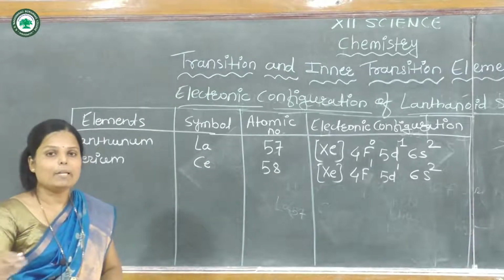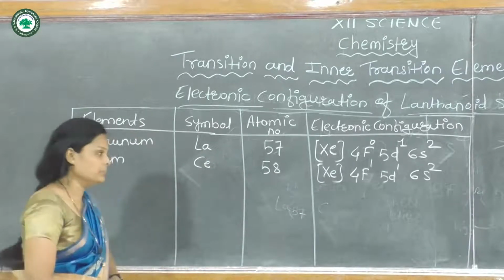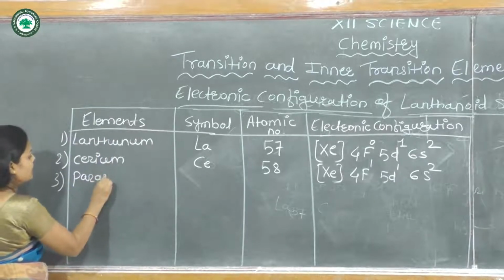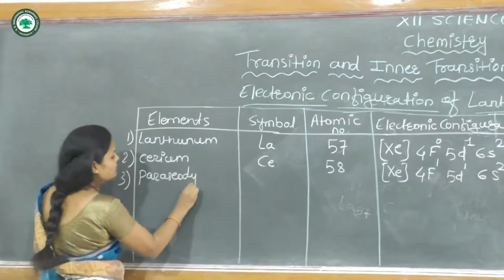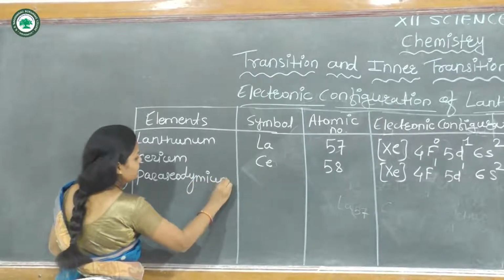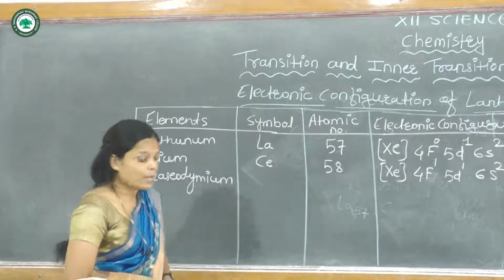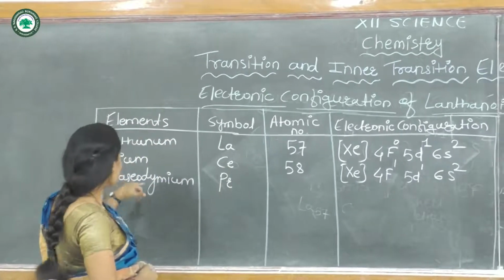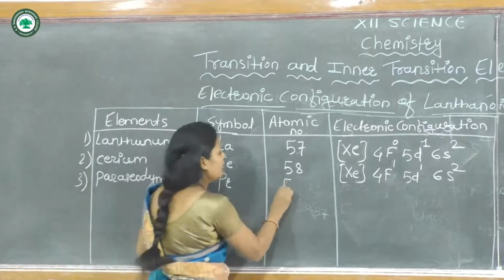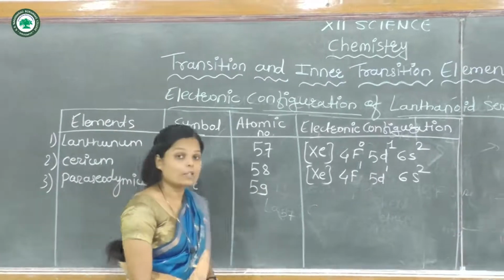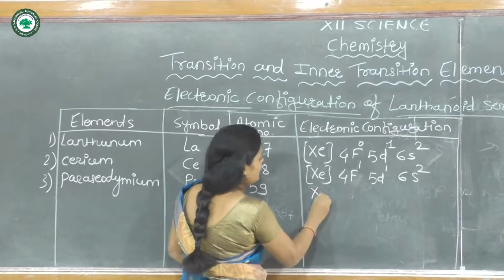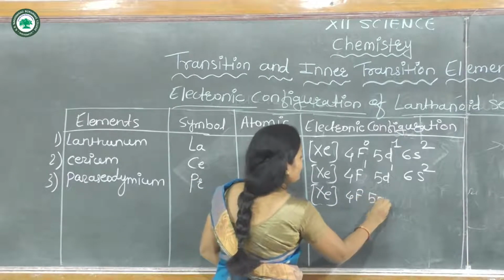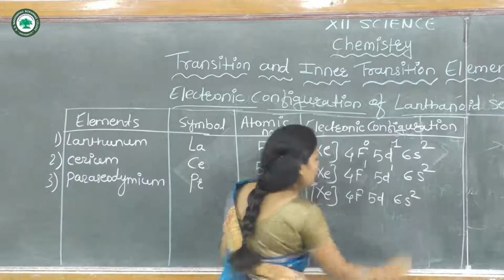The next element is praseodymium. It is denoted by capital P and small r. The atomic number of praseodymium is 59, and the electronic configuration is Xe, 4f3 and 6s2.